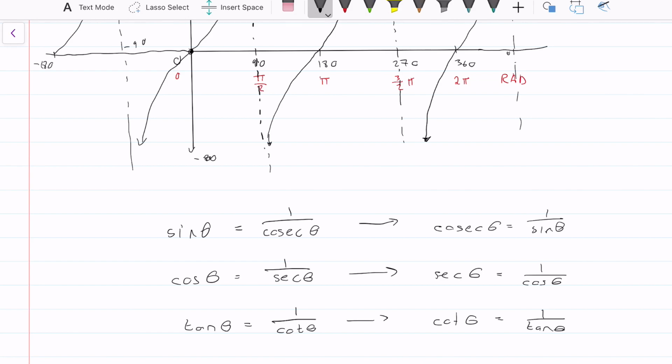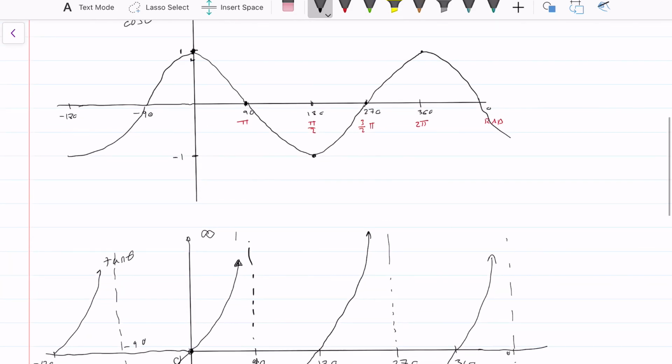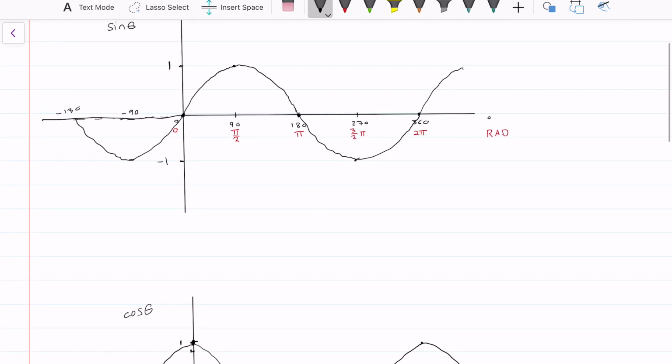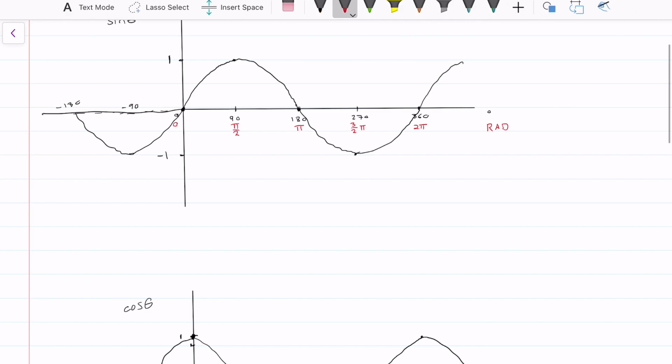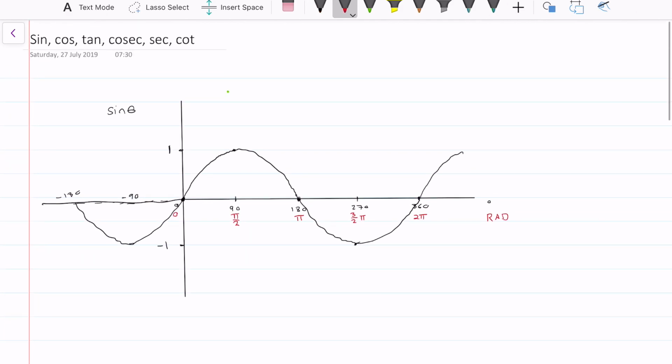Okay, so these graphs are quite strange and they look quite weird, and we don't really need to know how to draw them. If we did want to draw one of them, let's just draw this one. Essentially, the graph looks something like that. Let me change colors.